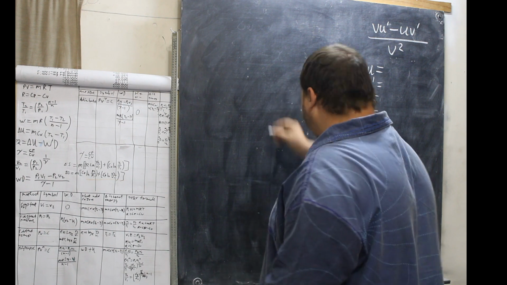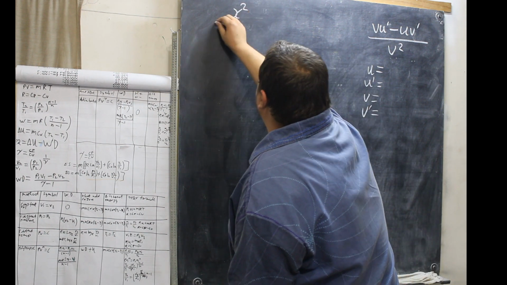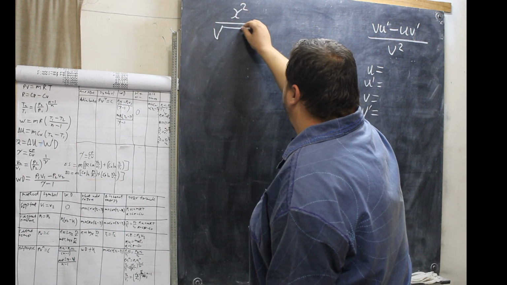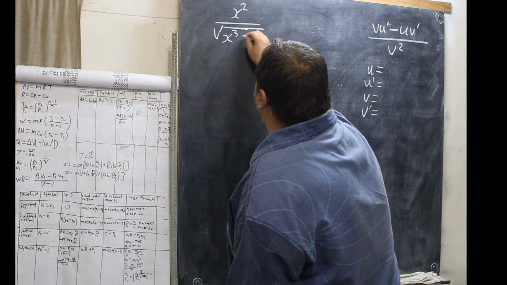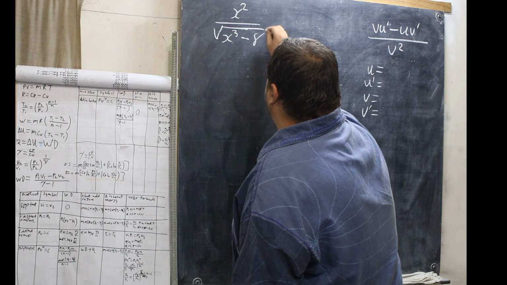Next one, x squared over the root x cubed minus 8.